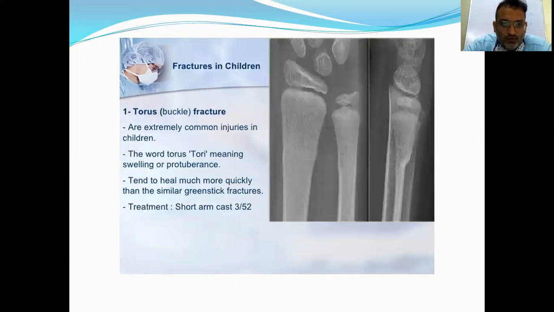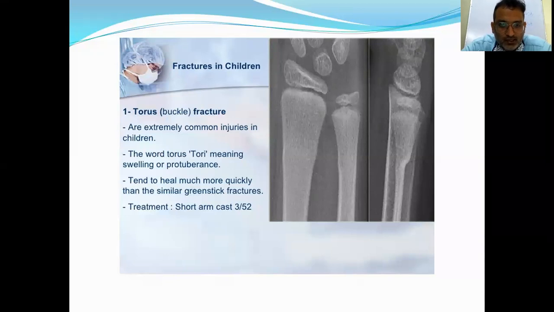What are the common fractures around the wrist joint in children? Torus or buckle fracture. These are extremely common injuries in children because children's bones are malleable and have less rigidity. The bones are more flexible. The word torus means swelling or protuberance. There is no complete fracture.